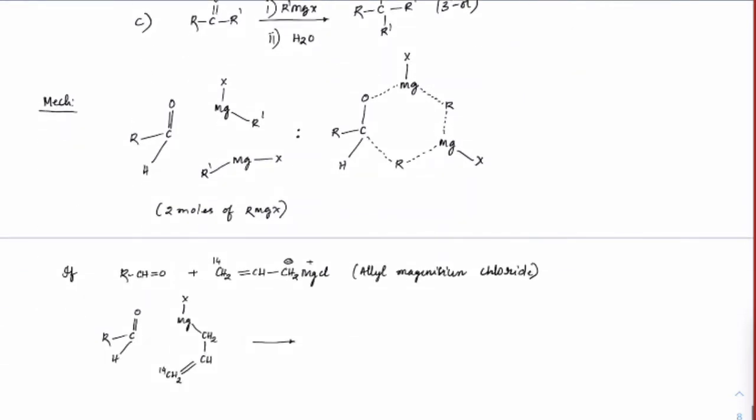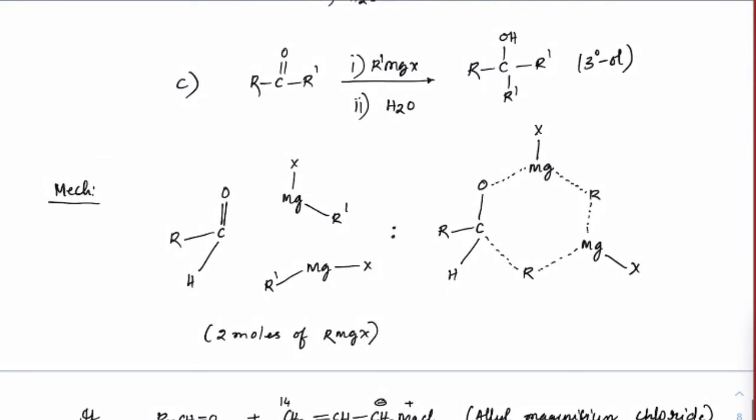2 moles mechanism, as in what has been more observed: if you take 2 moles of RMgX with 1 mole of aldehyde or ketone, then 1 mole of RMgX will get attacked by oxygen. The lone pair on oxygen will attack the magnesium.